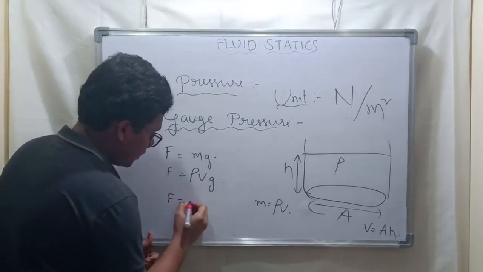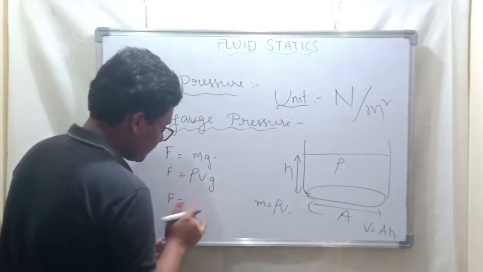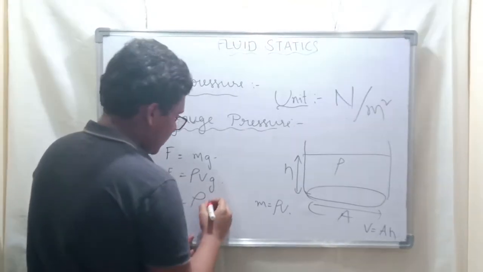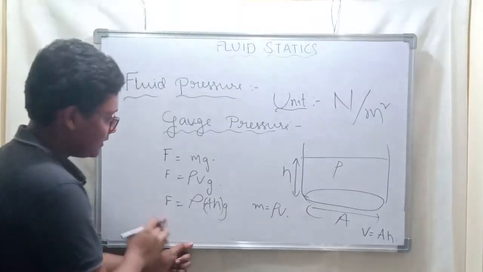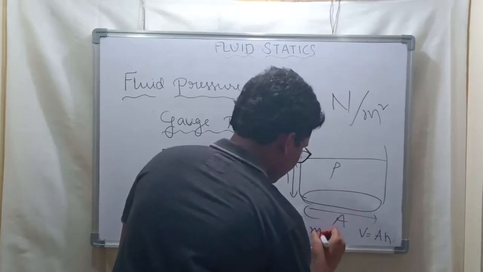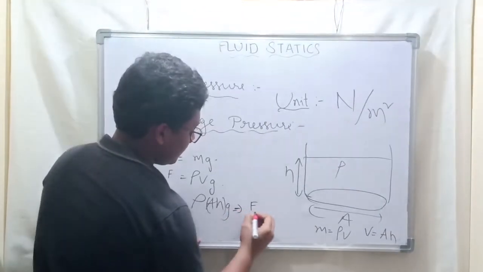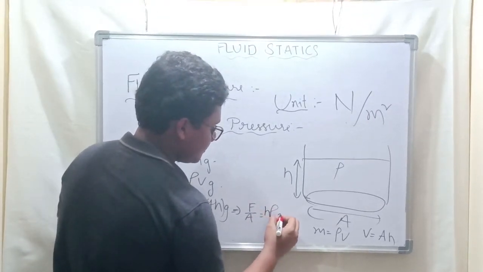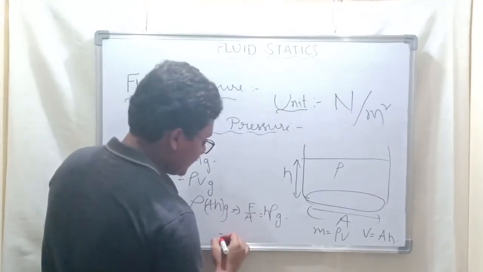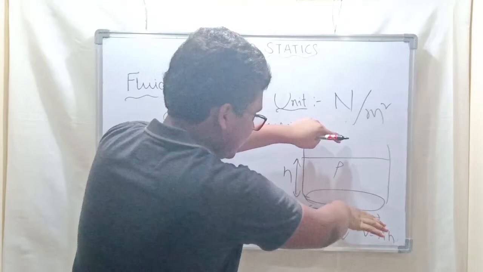F is equal to rho A h g. This A will transfer to this side. Then we will get F by A is equal to h rho g, and F by A is force of the liquid per unit area.